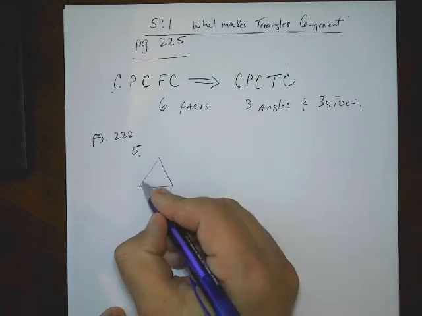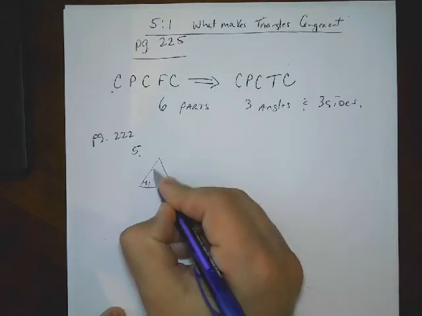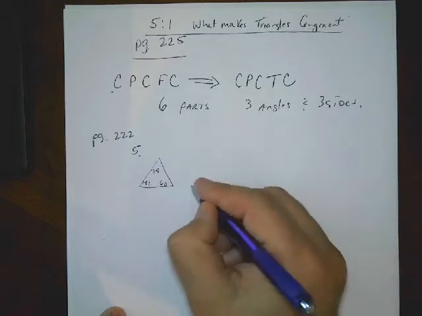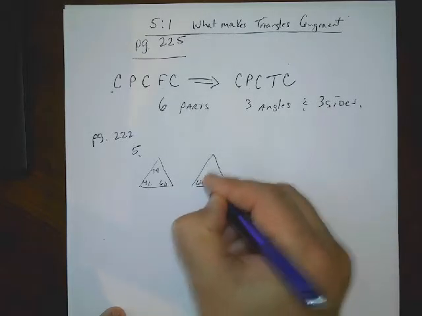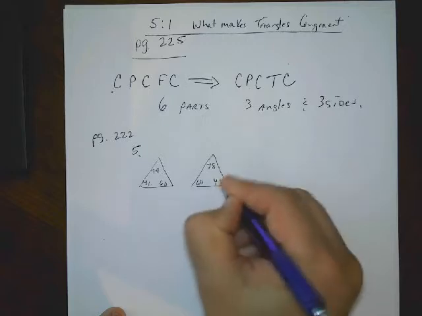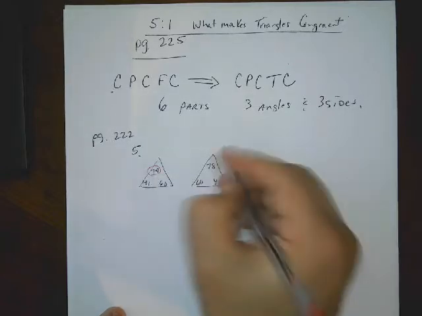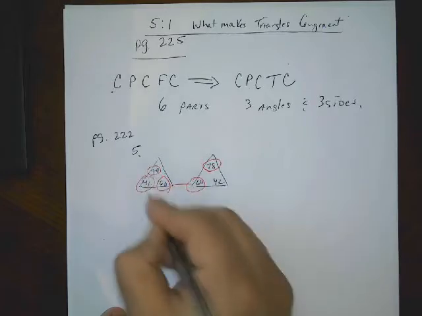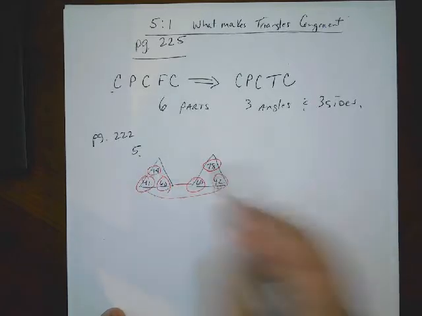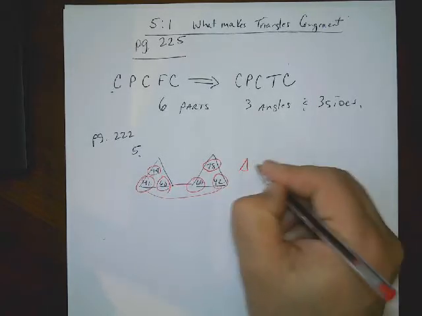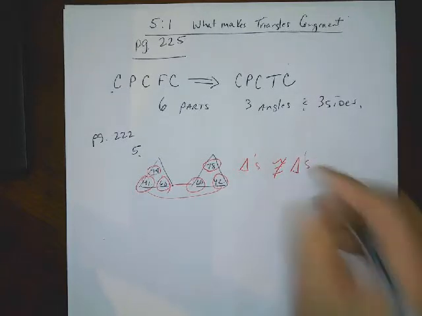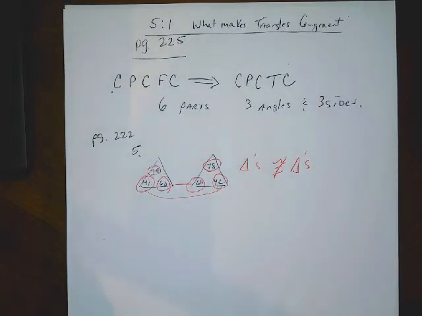I'm just going to throw the numbers in there so you can see them: 41, 79, and 60. And then it's got 60, 78, and 42. Well, immediately you should see that they do not have the same angle measures. Now 60 and 60 do, but 41 and 42 are not the same, 79. So these triangles are not congruent. And that's what we would say in determining whether or not they are congruent.